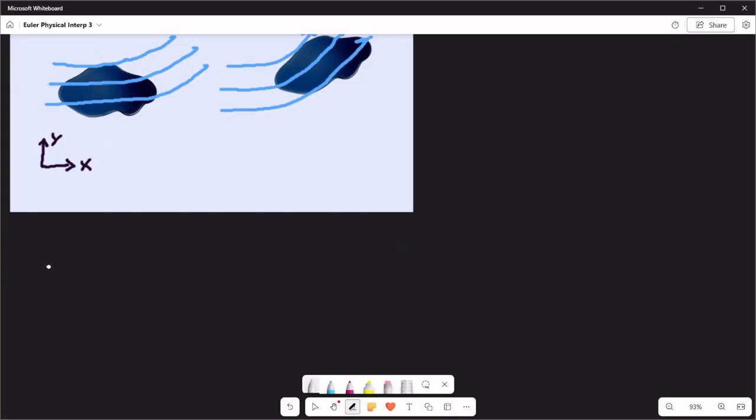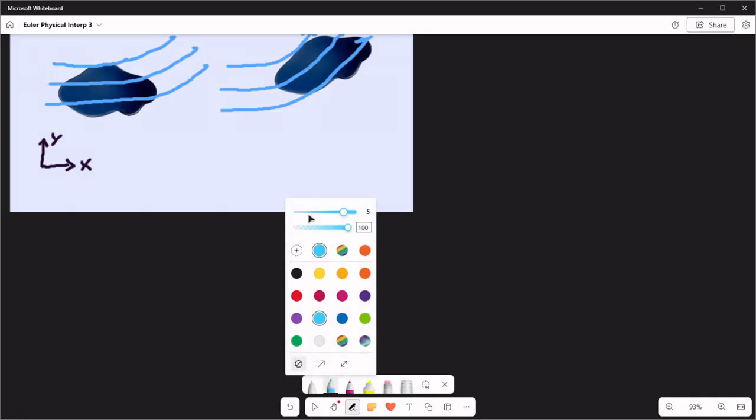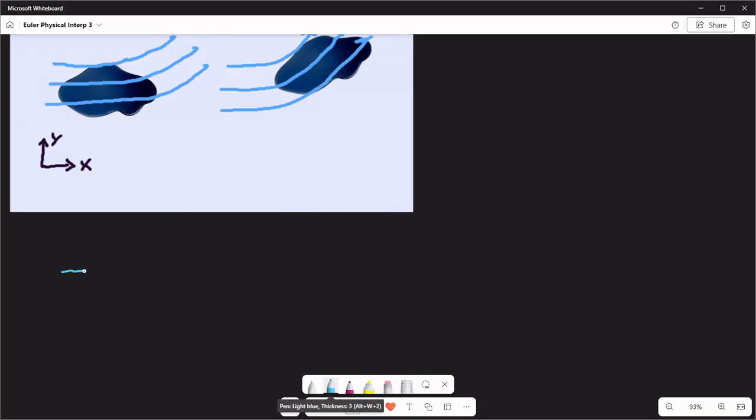So here are the flow lines, and I'm going to redraw these in blue. So there are these flow lines that are going along, and then at some point they change direction.